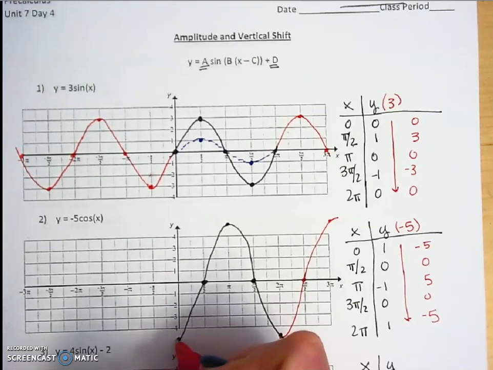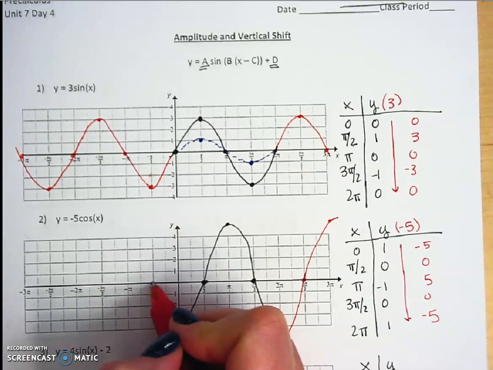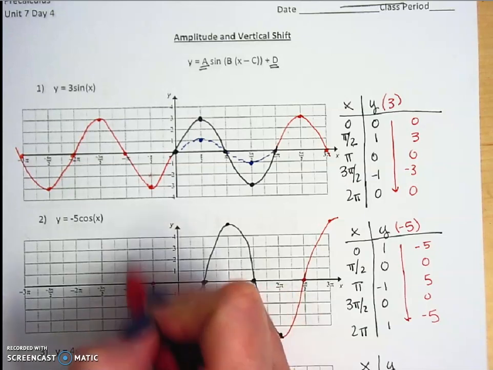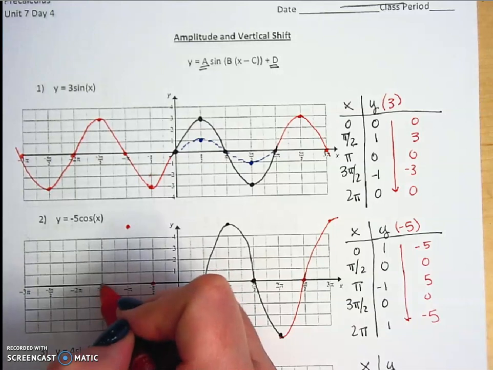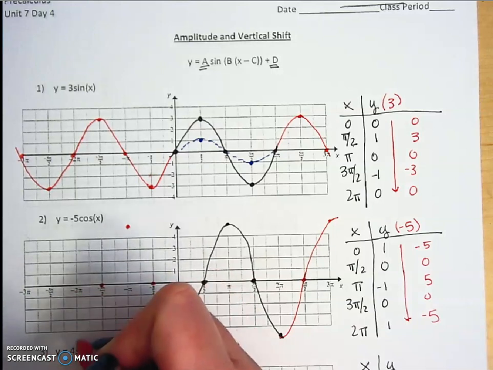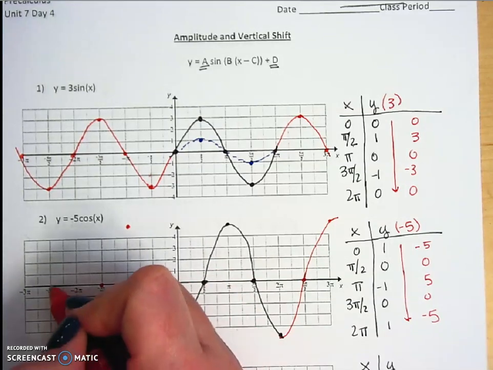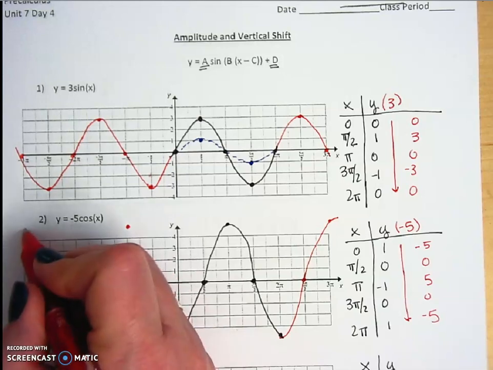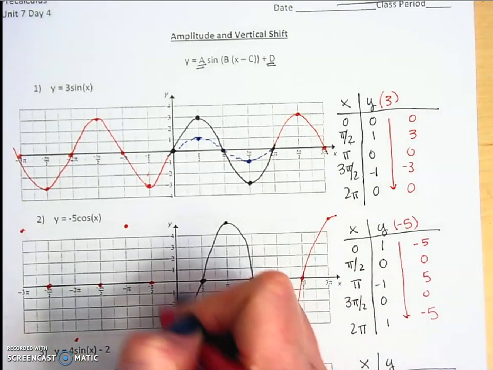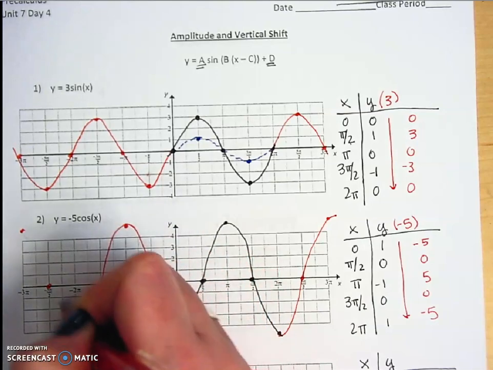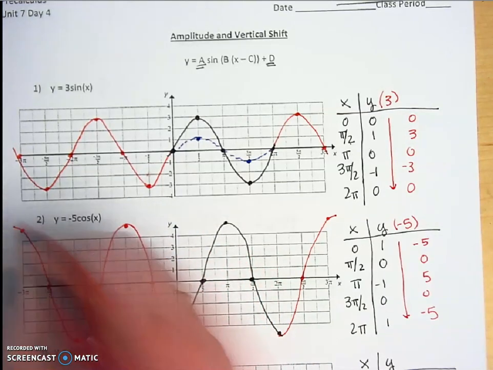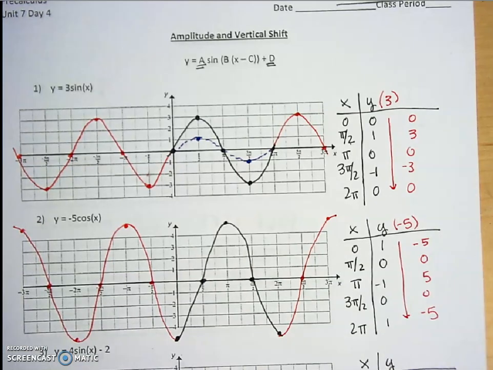So I'm going to go over to the midline, then over to my max. Over to the midline, over to the mid, over to the midline, over to the max. And there we go.